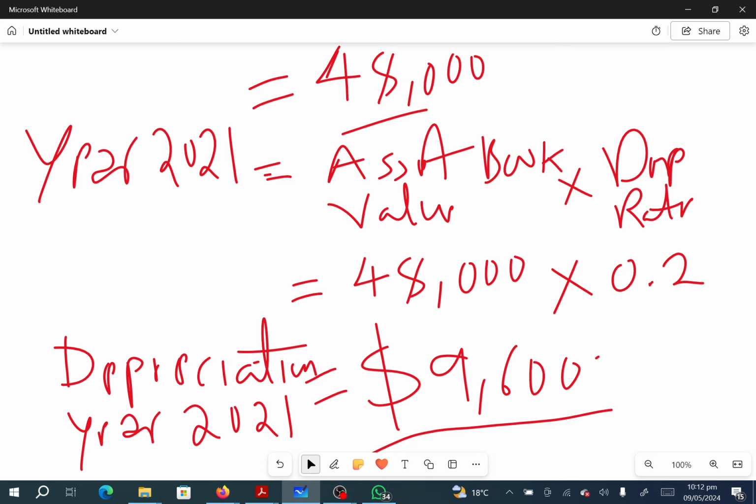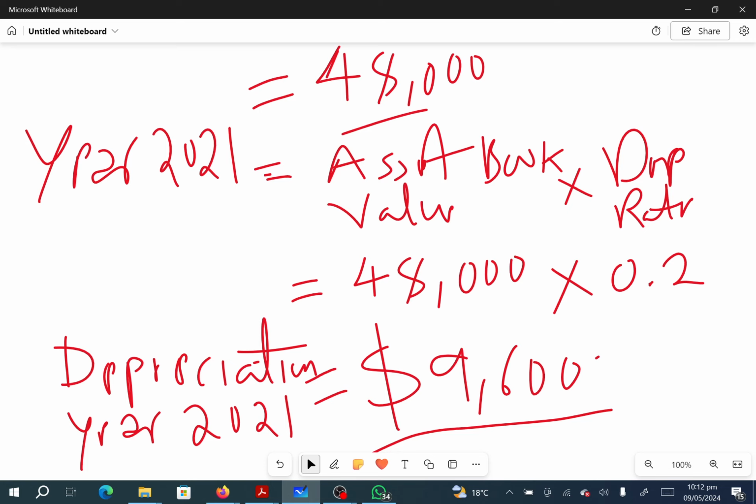The reason why in accounting we normally do this is we want to recover our investment in that asset, or the cost price for that asset, quickly.